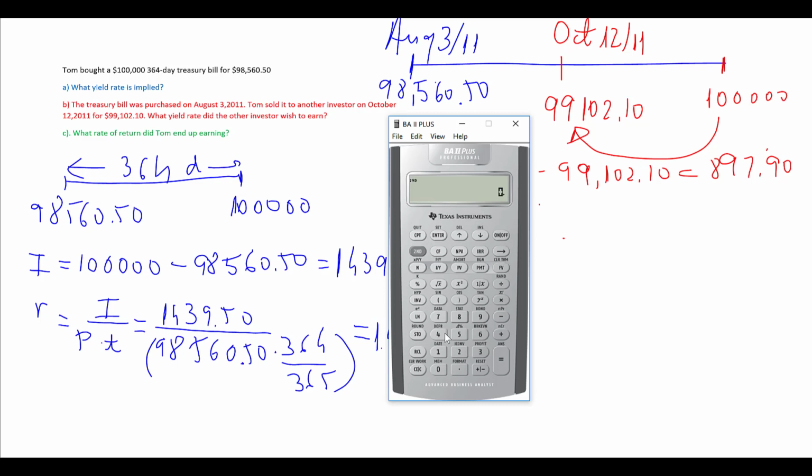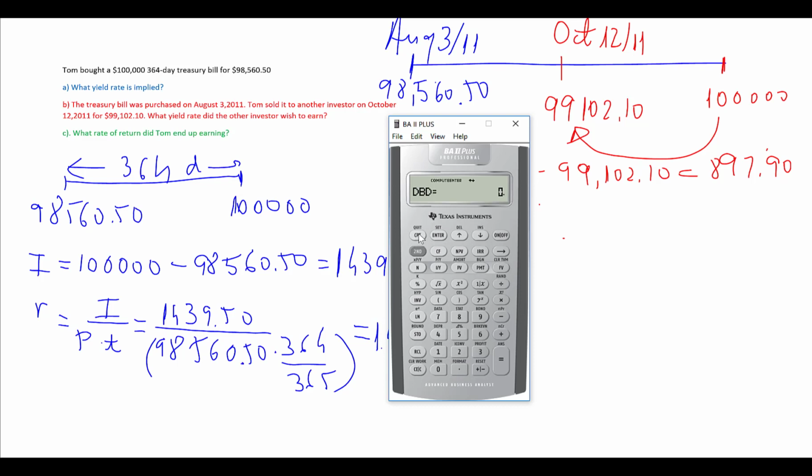So second date, August the 3rd. August is the 8th month of the year, so it'll be 8.03.11. October the 12th, 2011. October is the 10th month of the year, so it'll be 10.12.11.